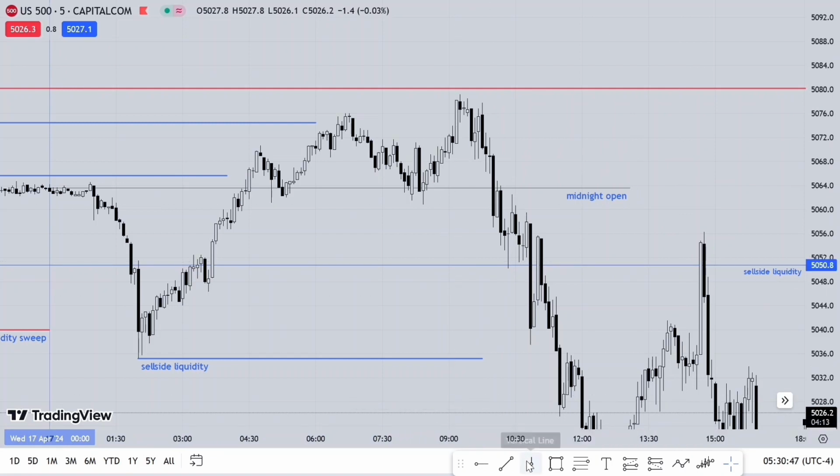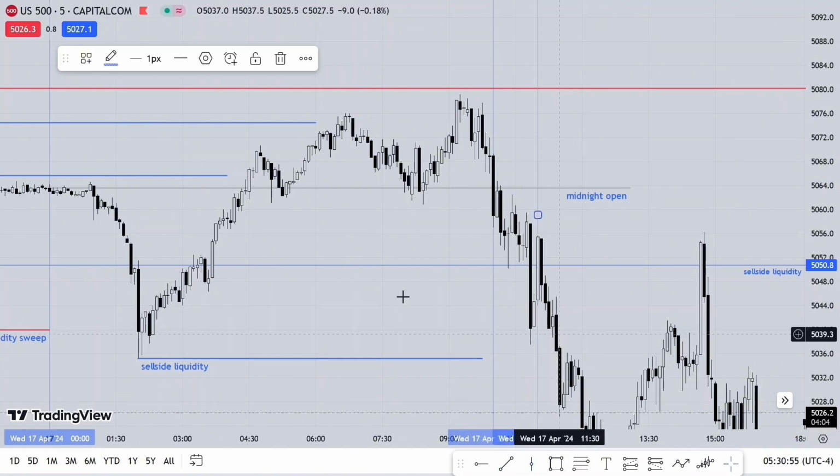And during the 10 a.m. to 11 a.m. New York trading window, we purged buy side liquidity.